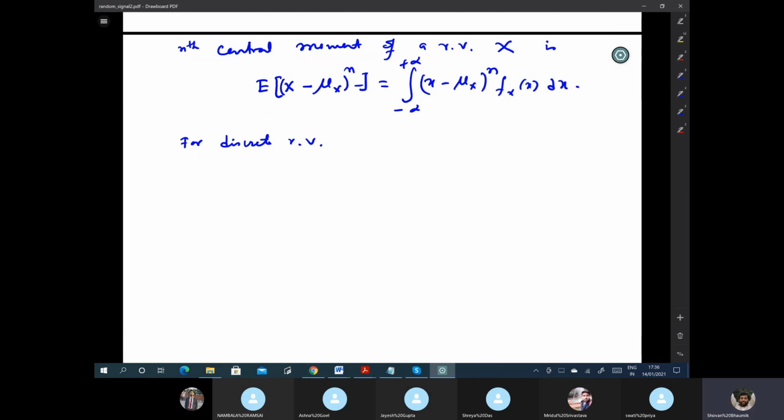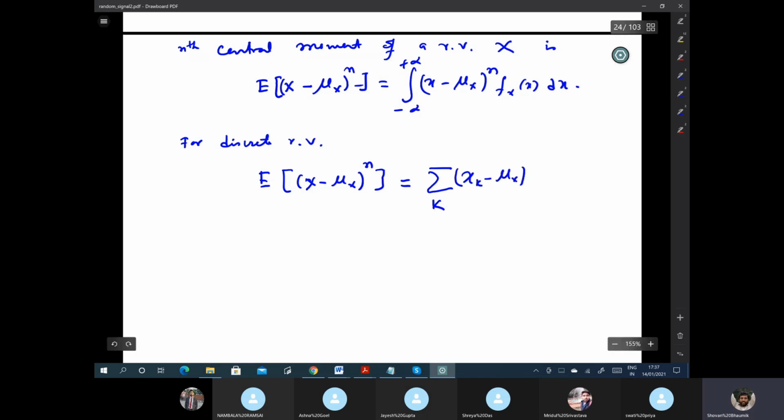So for a discrete random variable, we can write expectation of (x minus mu x) to the power n will be equal to summation over k of (xk minus mu x) to the power n times p of xk. Okay, so this is what we need to do.